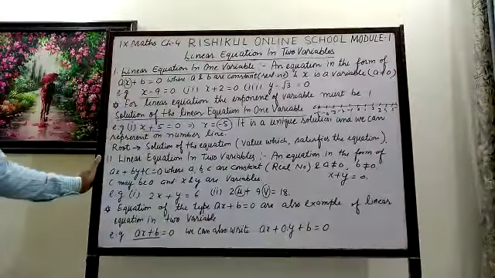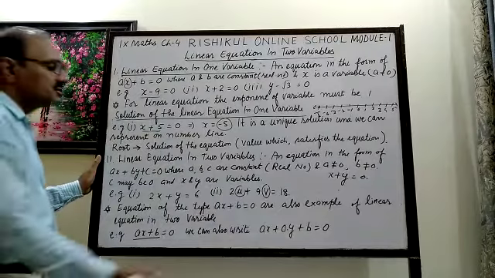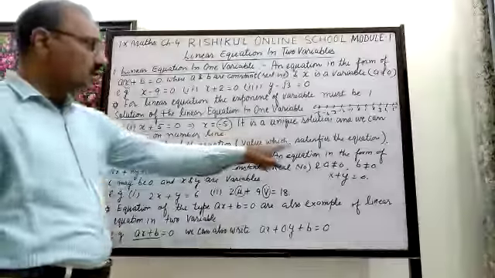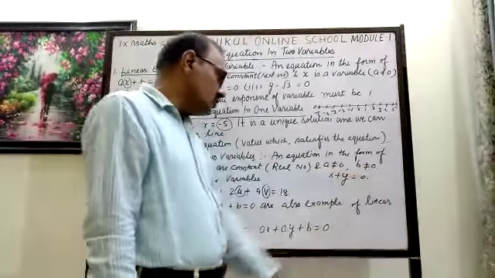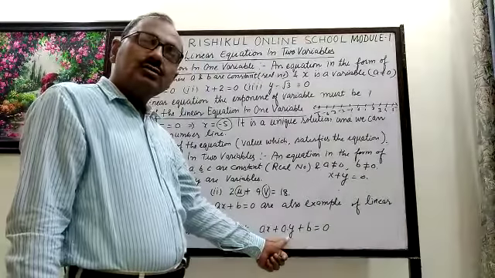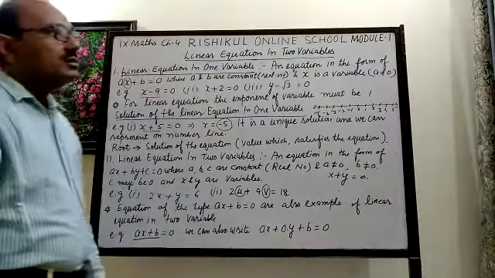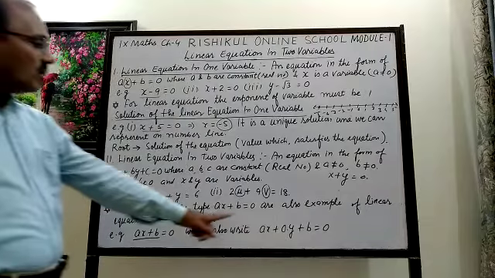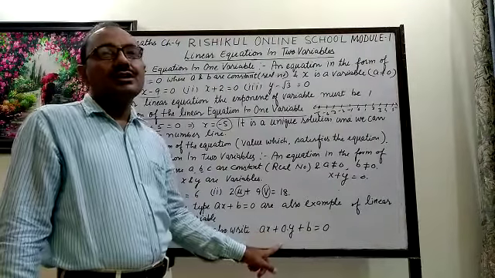Actually, the definition of a linear equation in two variables is a is not equal to 0 and b is not equal to 0. Here you see b is equal to 0. So if you see the definition, it is not a linear equation in two variables.